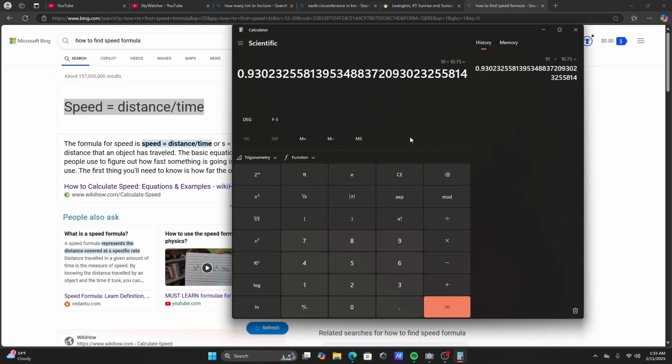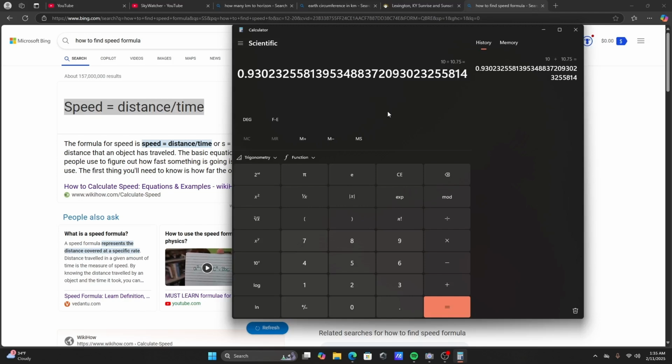Okay, so 0.93 kilometers an hour. You can almost just say that's 1 kilometer an hour. Not quite.